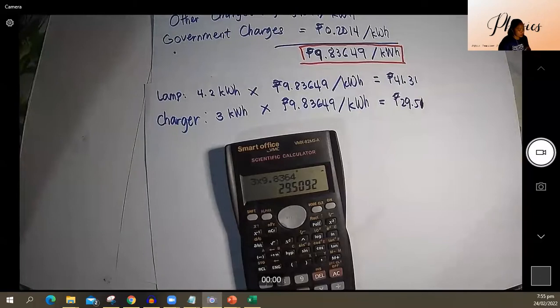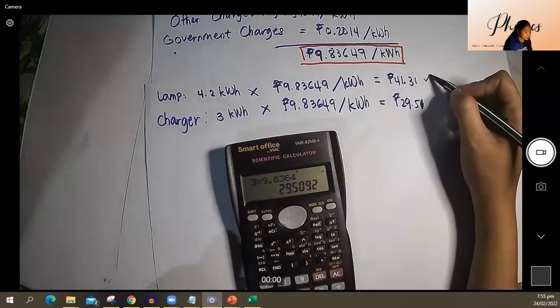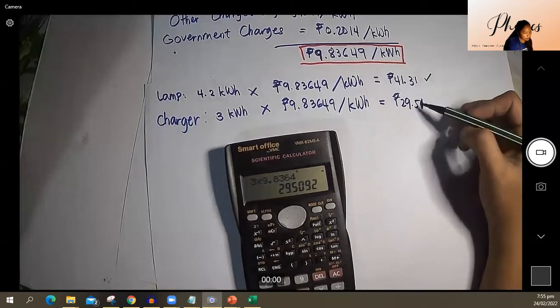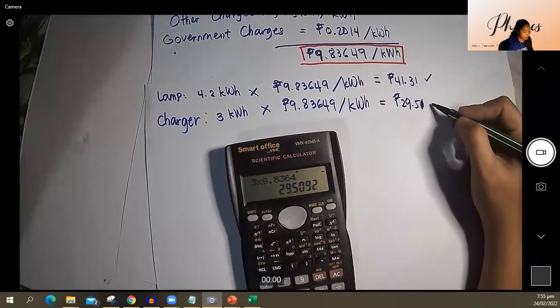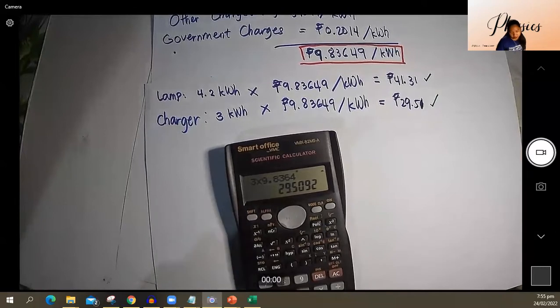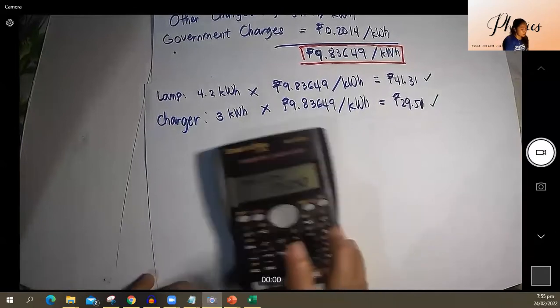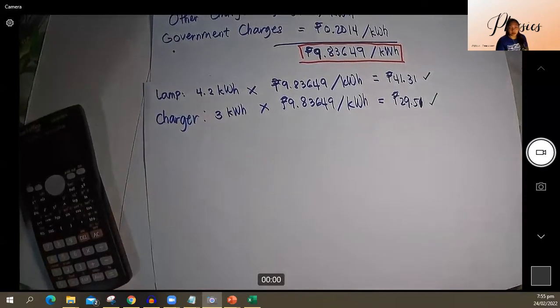All right, so as you see, the lamp will contribute more to the amount of our electric bill compared to using the charger, given that we are using them for the same duration, which is 10 hours, from our previous calculation. So you can also use this with your other devices or appliances at home.